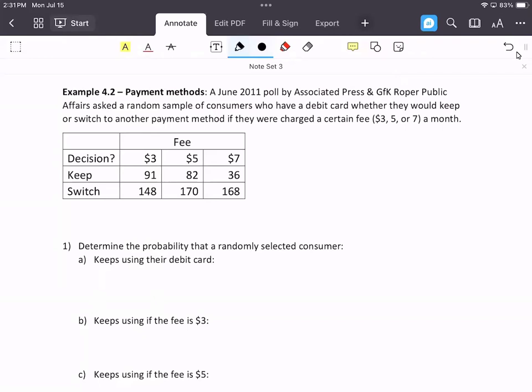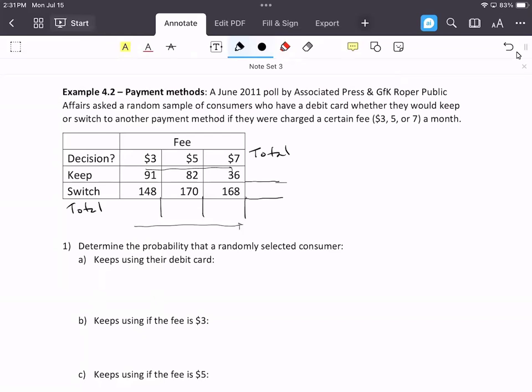But can we compute these? Most definitely. So I'm going to add total here and total here. And then I'm going to add across, obviously, hopefully, to get the total for the number that keep, the number that switch, and then the totals by the dollar amounts.